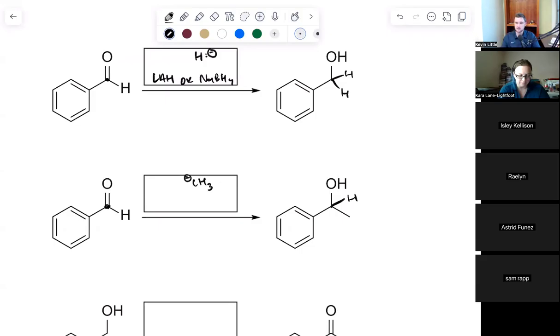If I want to make a carbon negative, the most convenient way to do that would be using a Grignard. So that would be my answer, right? I need both this CH3 and the electrons that it came with, so those electrons are represented by this lone pair.